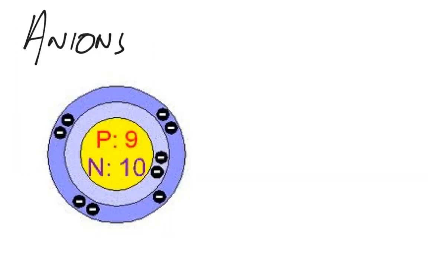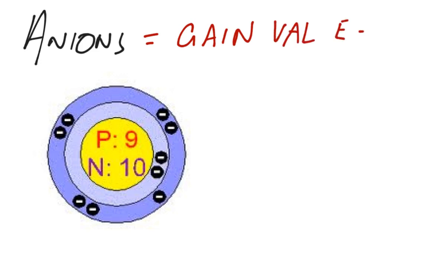The opposite end of the spectrum is not the cation, but is the anion. Anions gain valence electrons. Now in this particular case, we have 9 protons and 9 electrons. So what element is this? Hopefully you were able to come up with fluorine. Now fluorine's a different situation. Fluorine has very close to what's called an octet.